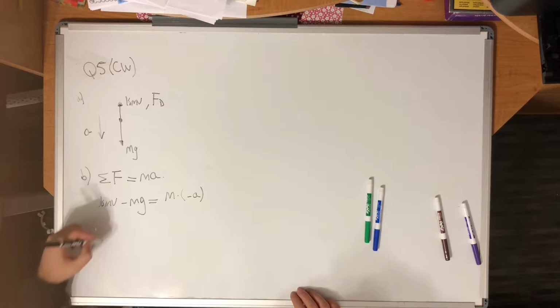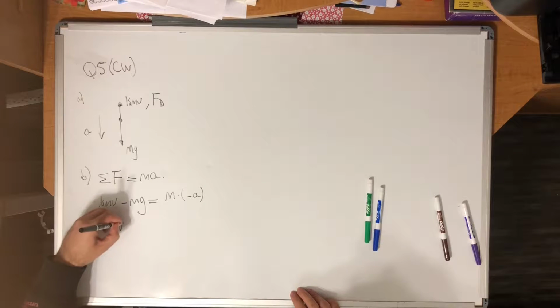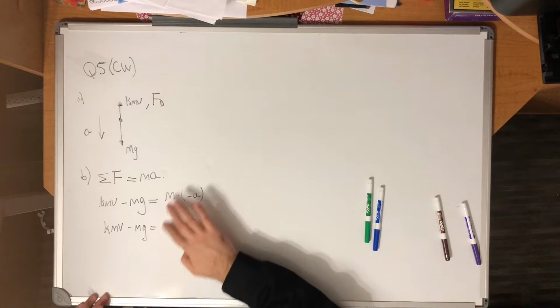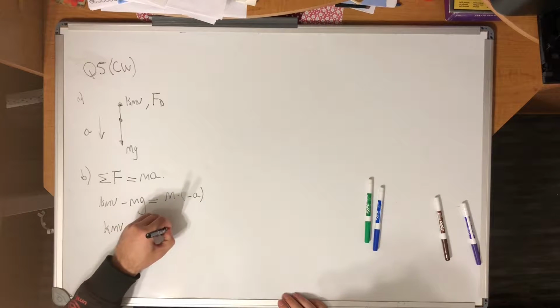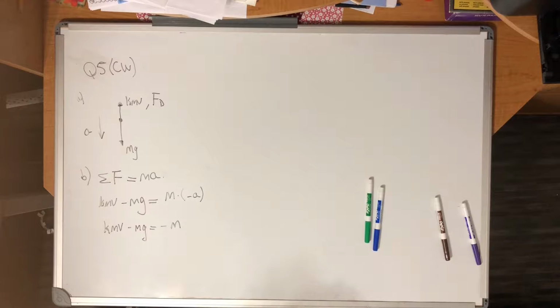So in this case you can put this as kmv minus mg equals minus m. If you check my math review, calculus review video, you will see how we write this acceleration. So acceleration is basically going backward.